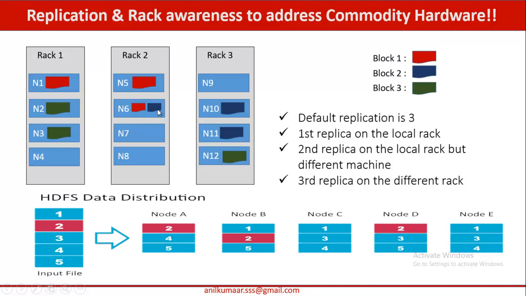You can accommodate different replicants, but the same thing you cannot keep here. So this block 3, this green color block 3, you cannot have 3 replicants on the same rack. You can have a maximum of 2 replicants on the same rack but on different machines. So this principle is known as the rack awareness concept.